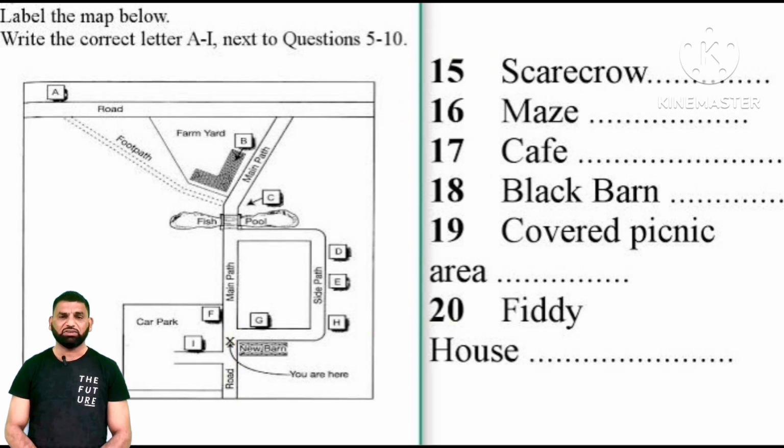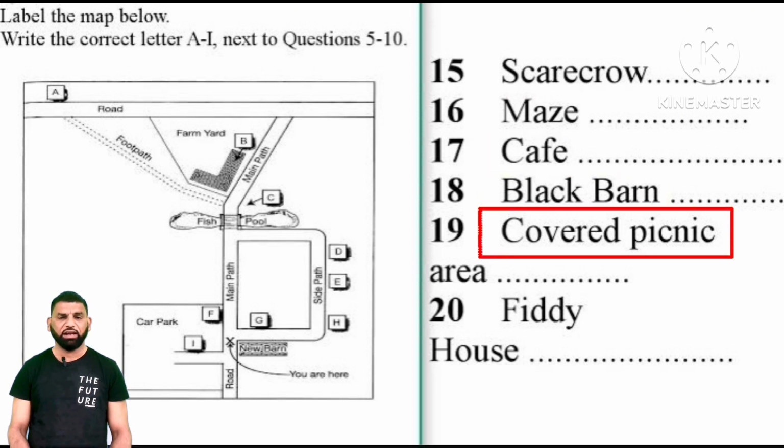The other things which are given in the map are road, footpath, farmyard, fish pool, main path, side path, car park, and new barn. These are the things which are already given on the map, and you have to find scarecrow, maze, cafe, blackburn, covered picnic area, and Fiddy house. So let's start our today's map.